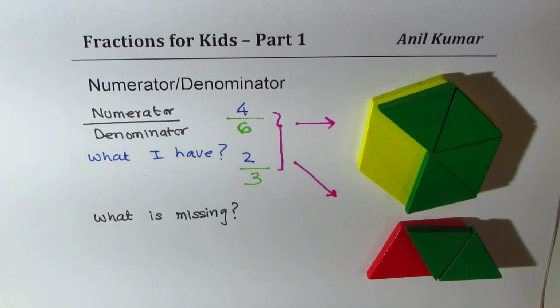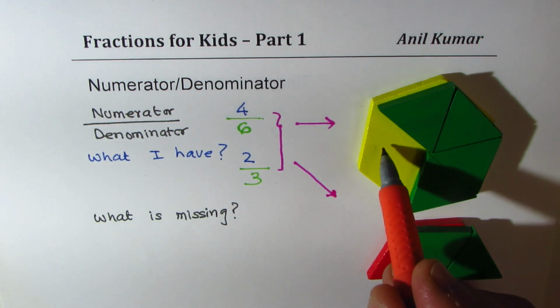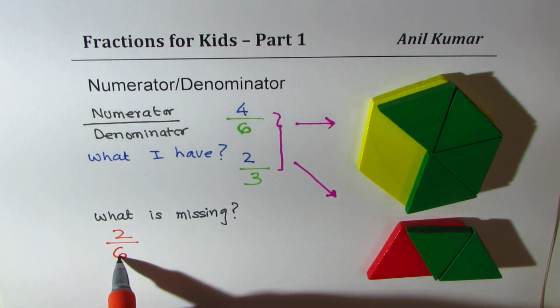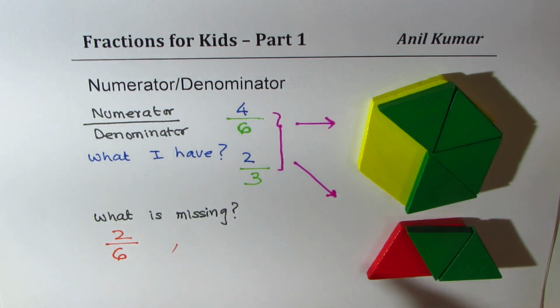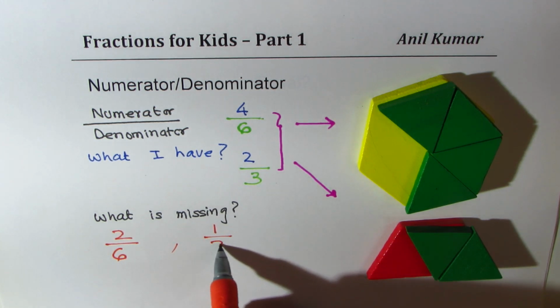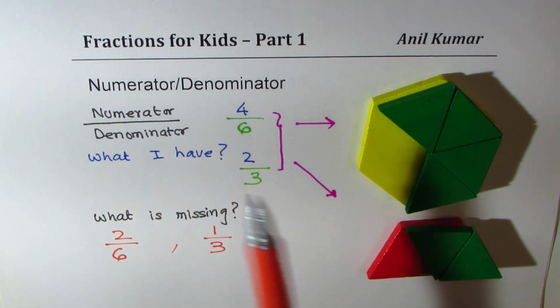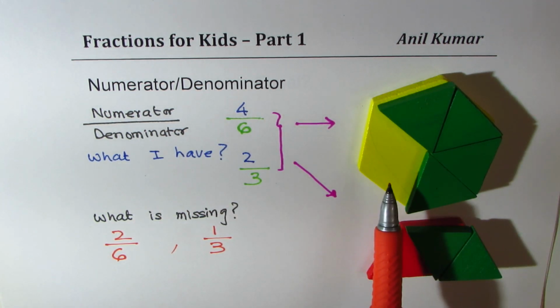Now we have to write what is missing. So for missing, we know we are missing 2 out of 6. So 2 out of 6 is missing in the first case, and here 1 out of 3 is missing. Do you see that part? So we could write fractions for what we have and what is missing.